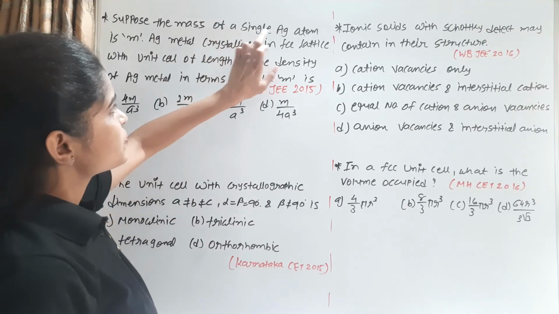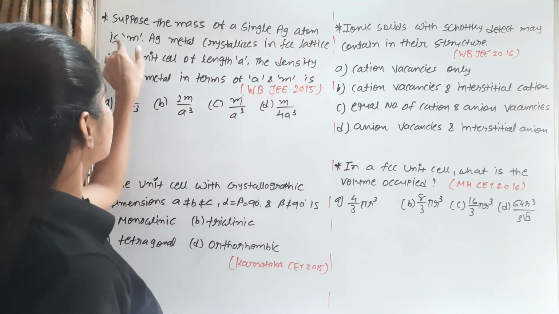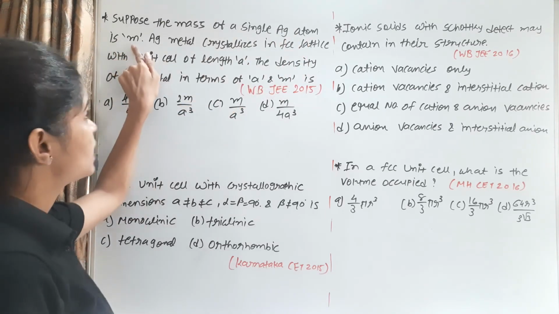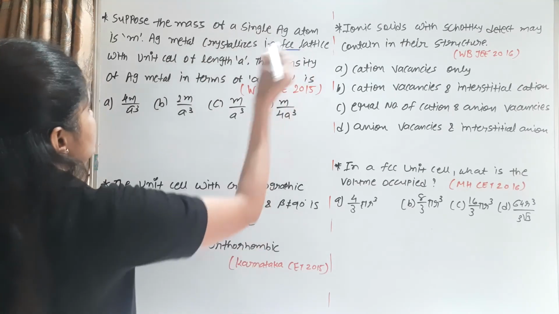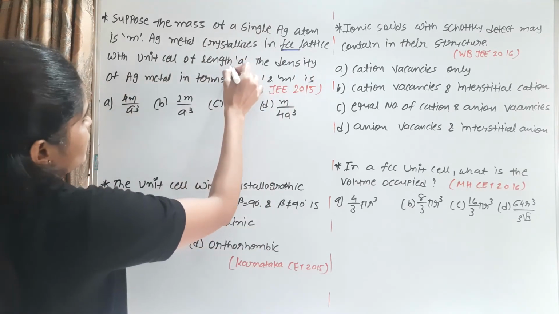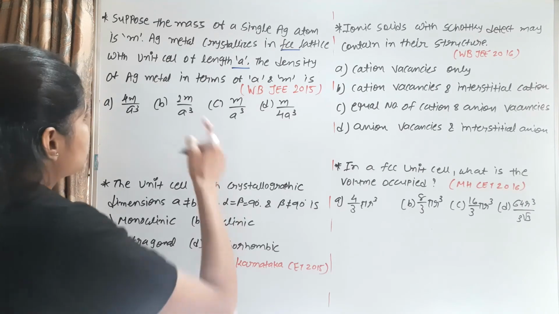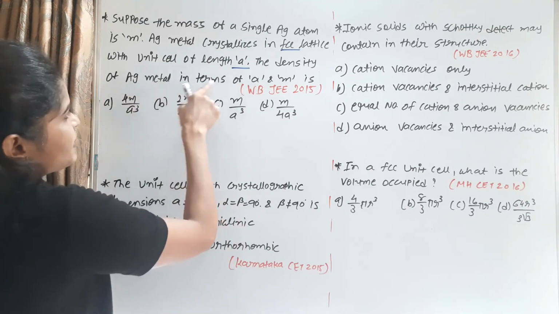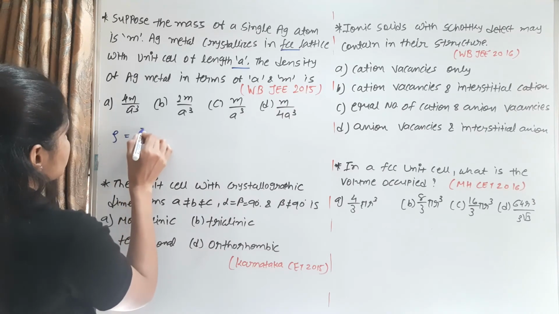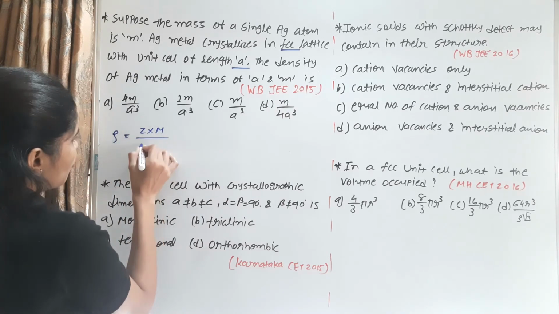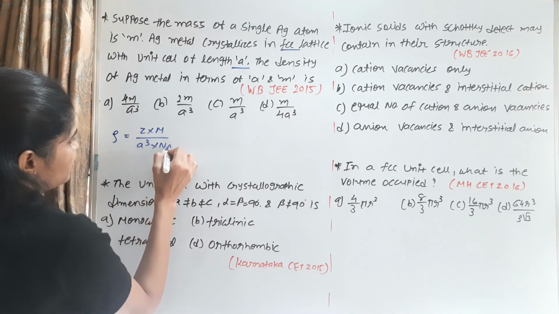Suppose the mass of a single silver atom is m. Ag metal crystallizes in an FCC lattice with unit cell edge length a. The density of Ag metal in terms of a and m: we know that rho is equal to Z times m upon a cube times Na.